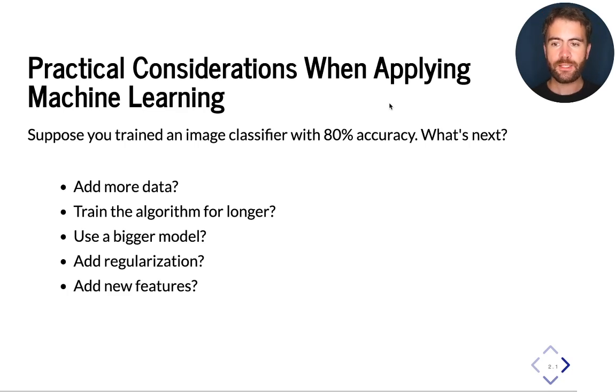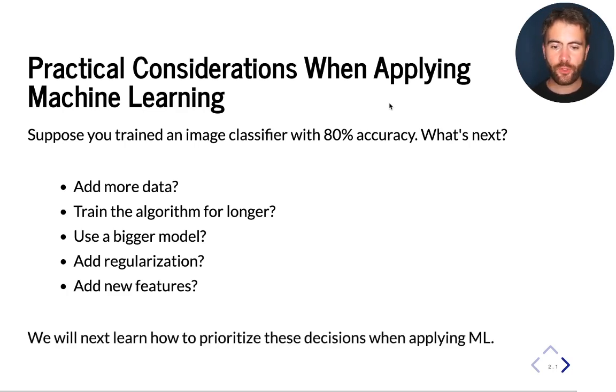There are many different things that you could do to try to improve the performance of this model. And the goal of this lecture is to present ways and principled techniques for making these decisions and for prioritizing all the different ideas that you have for how to improve the model.